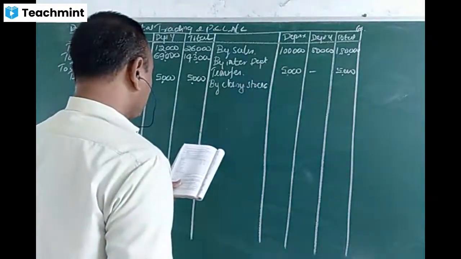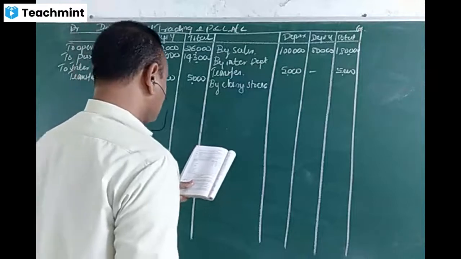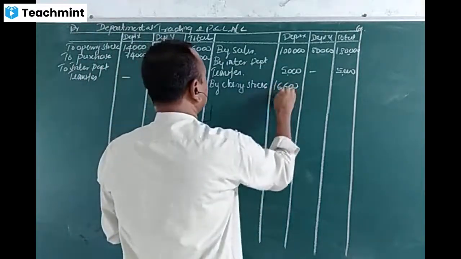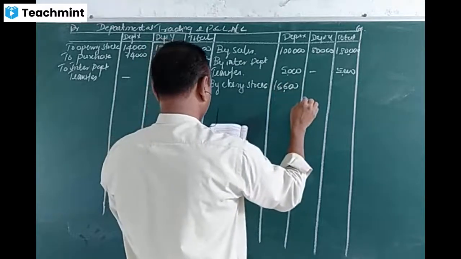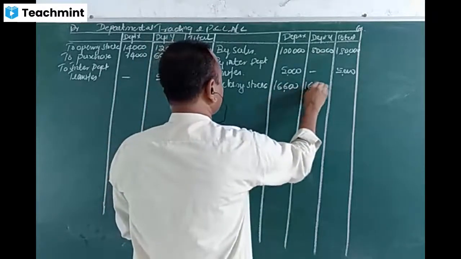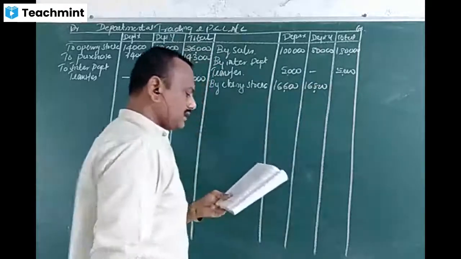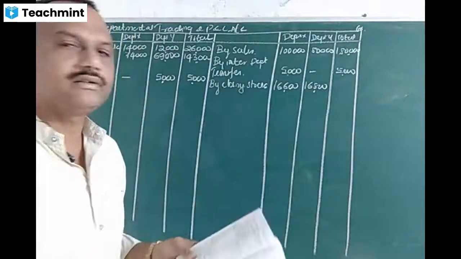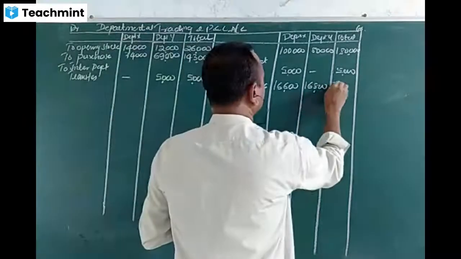The closing stock is 16,600 for X and 16,800 for Y. How much is it total? 33,400.